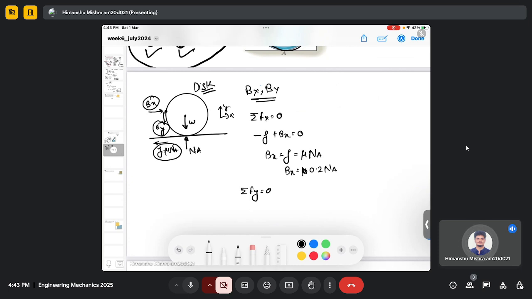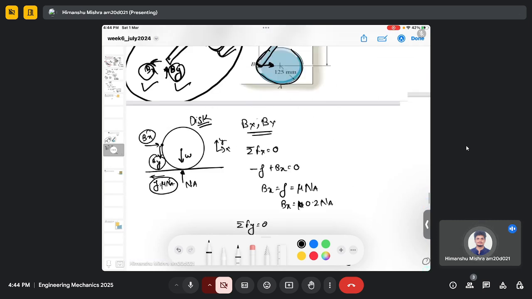I don't know Na, so I can use another equilibrium equation where the summation of force in the y direction equals 0. In this case I will have W minus By plus Na equal to 0. So my Na will be W plus By.